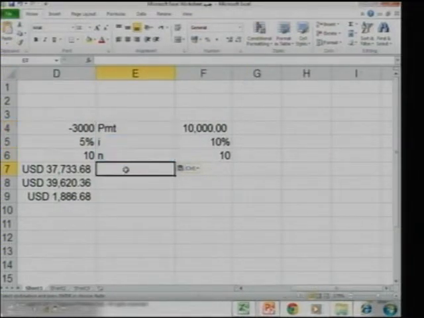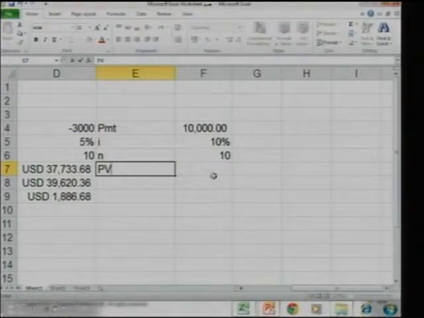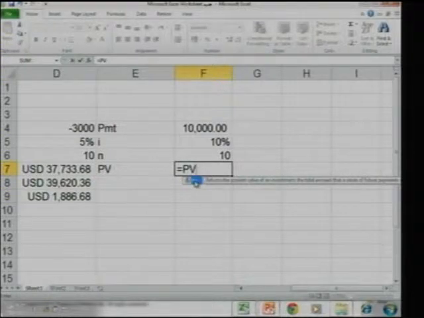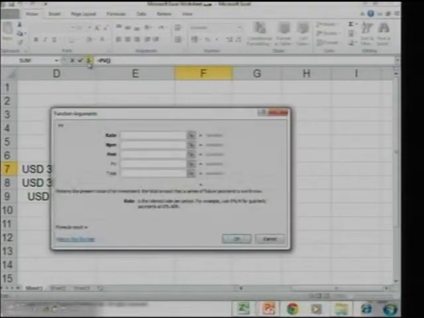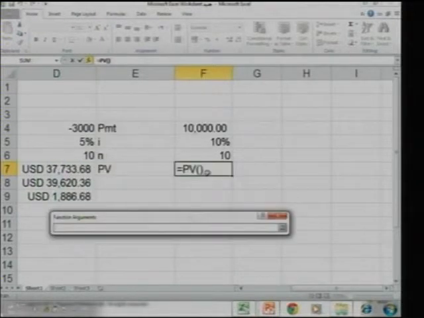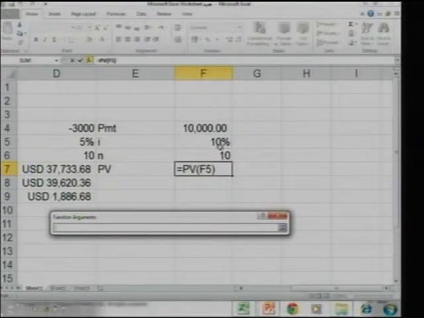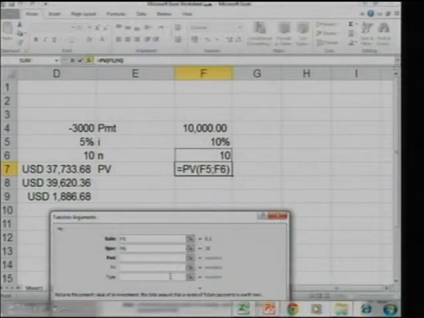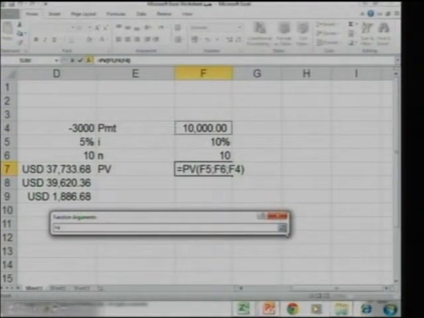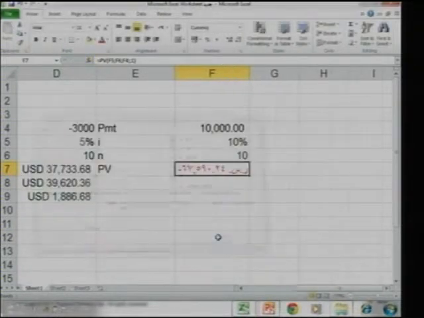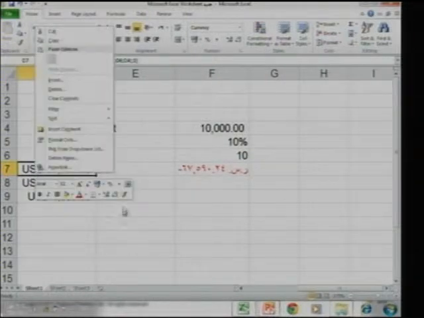Go to the present value function: the rate is 10%, the number of periods is 10, the payment is 10,000, and now the type, 0 or 1. So 1.